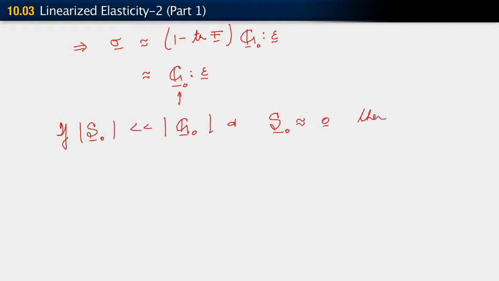Then all the stresses are about the same, right, to first order. Okay, so as far as linearized elasticity is concerned, everything is the same. All the stresses essentially collapse to the same thing. Okay.